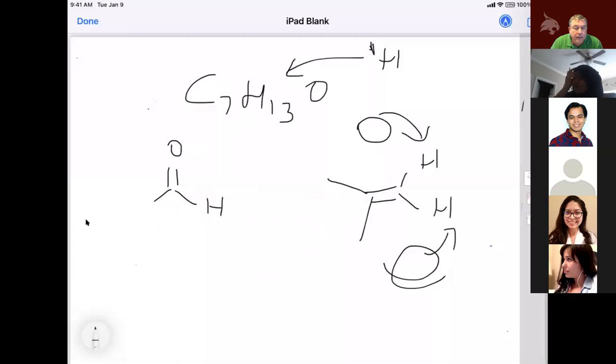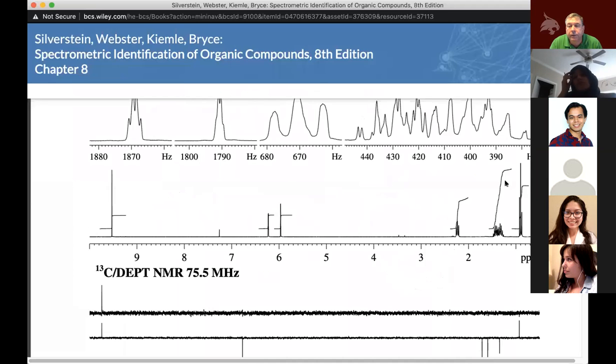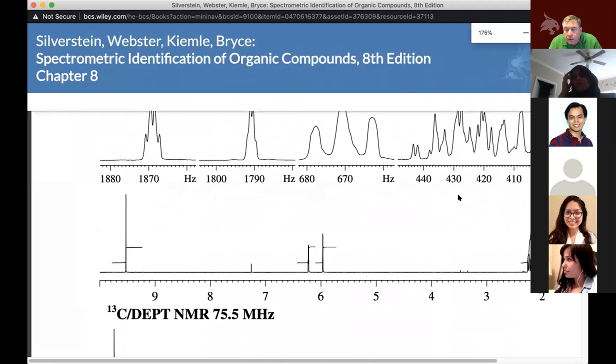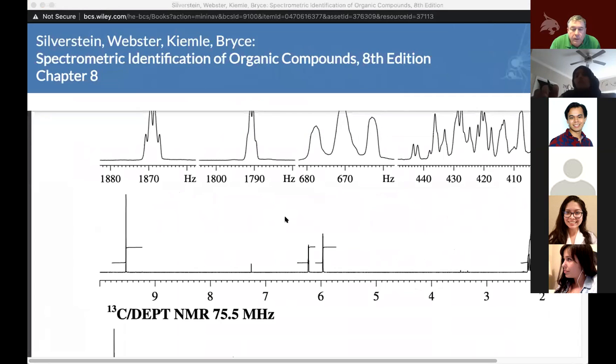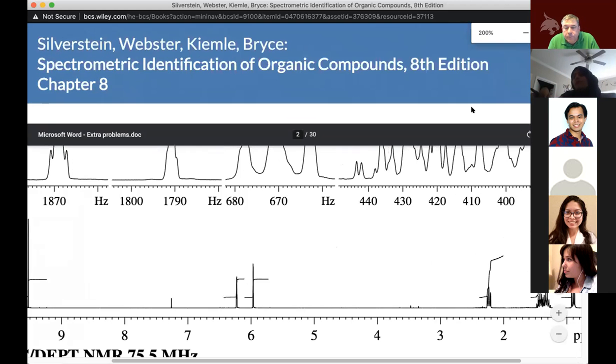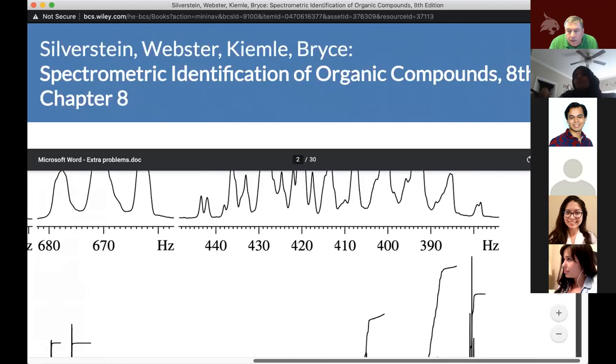Okay. Now let's see what we can divine from the splitting patterns here. It looks like 2 hydrogens and 3 hydrogens. Let me see if I can blow this up again. Hang on, I'm sharing the wrong screen again. All right, if we look at this over here, let me see if I can blow that up and see if that's a quartet or not.